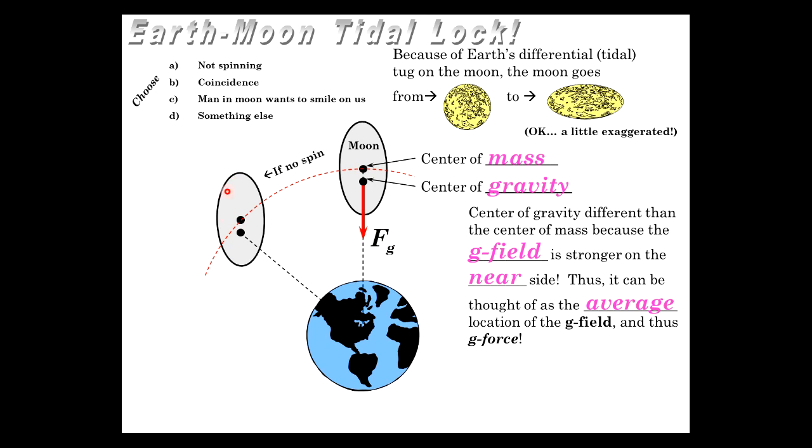If it hasn't spun at all, it's oblong in such a way that the center of gravity point we're talking about is offset from the center of mass of the moon. Okay, there are some details I'm not going to worry about here. If anything, I could anticipate that your concern would be, why isn't the shape of this lined up with this again? Well, it does do that, but it's delayed a little bit.